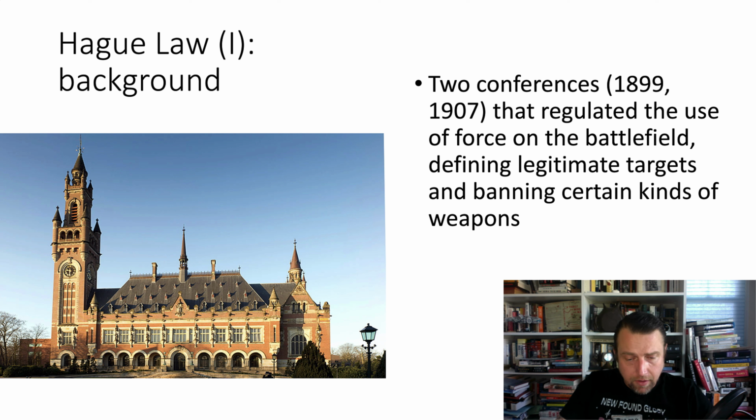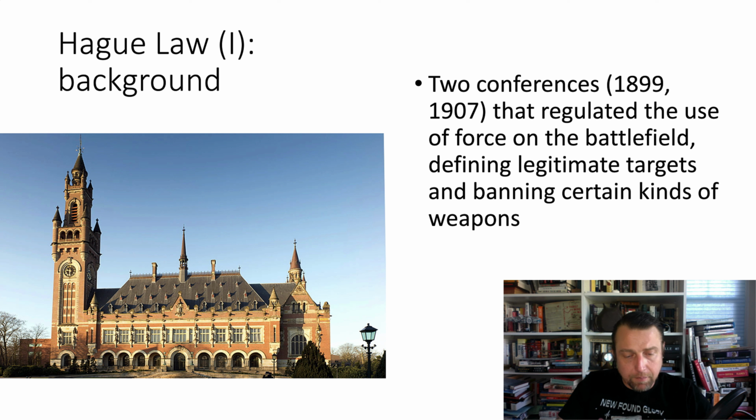The second is called the Convention with respect to the laws and customs of war on land. The third is called the Convention for the Adaptation to Marine Warfare of the principles of the Geneva Convention of 22 August 1864. And the fourth is declarations prohibiting the use of certain kinds of weapons.